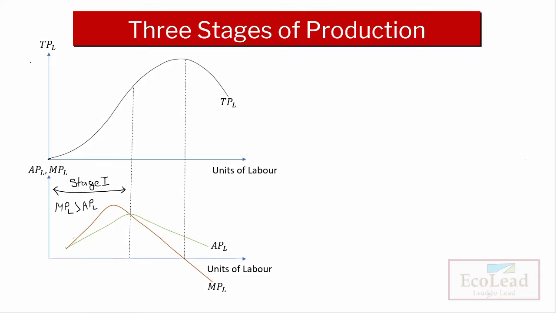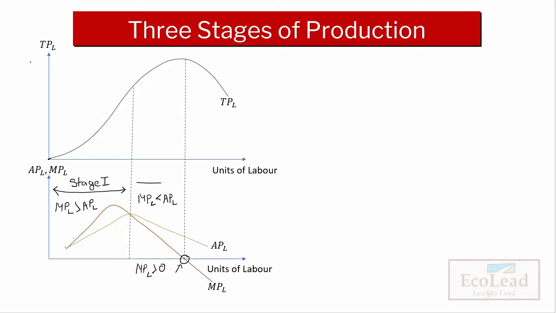and later, when the marginal product of labor is less than the average product of labor, but the marginal product of labor is positive. You can see here that the marginal product of labor is 0, so before this point, marginal product of labor is definitely greater than 0.